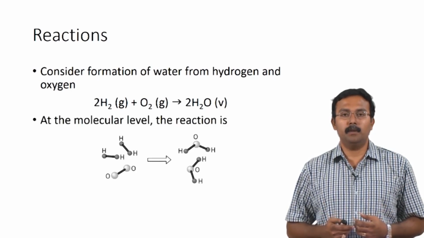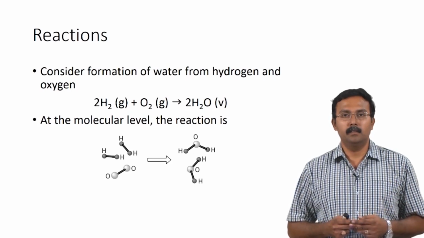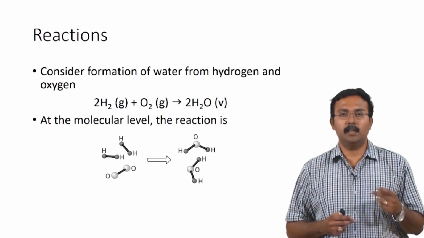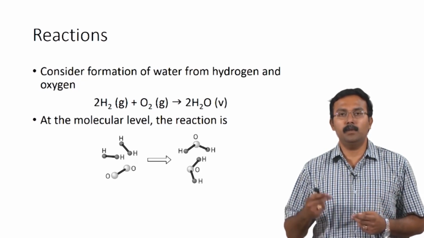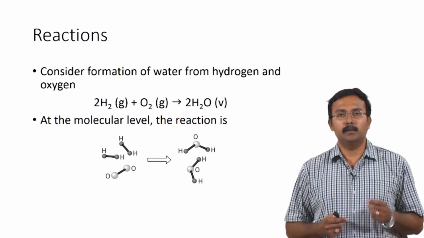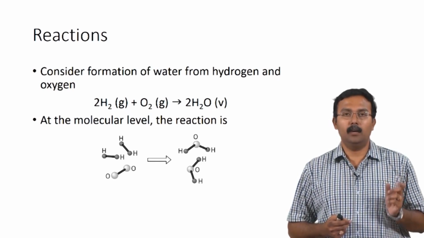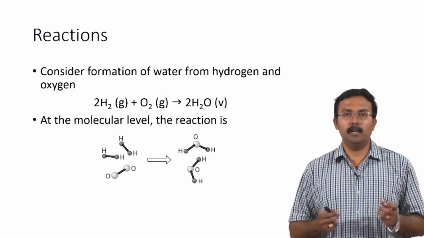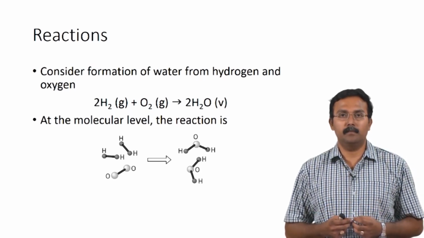So, if you look at it from a molecular level, what is happening? You have 2 molecules of hydrogen. So, basically H-H and another H-H are actually reacting with O-O to finally form H2O. So, the H2 has bonds, and O2 also has bonds holding the 2 atoms of hydrogen and 2 atoms of oxygen together.